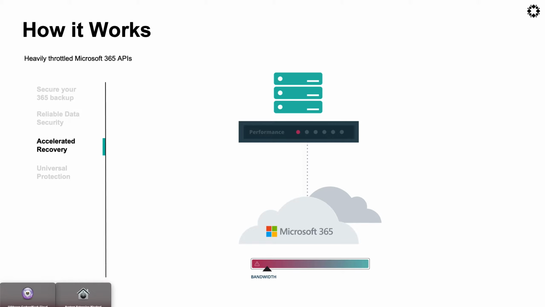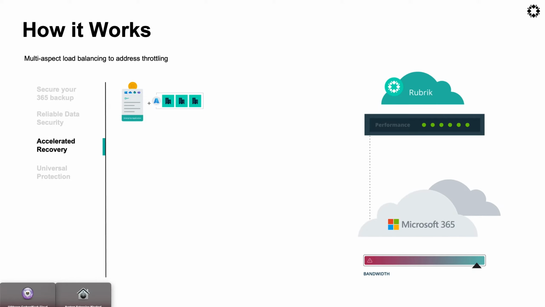We've seen it happen. And what we've done is built an auto-scaling infrastructure that allows us to handle many backup streams at once. So we can load balance and we can spread the throttling across many enterprise apps and resources. And this allows us in a recovery to deploy many enterprise apps, hundreds, even thousands at a time, to ensure optimal performance. And it's all about how many jobs we can run at once.